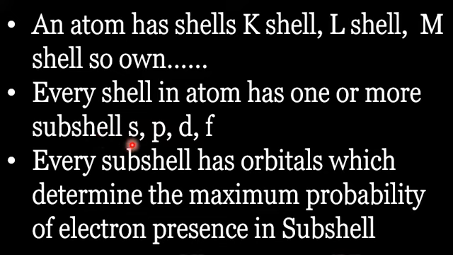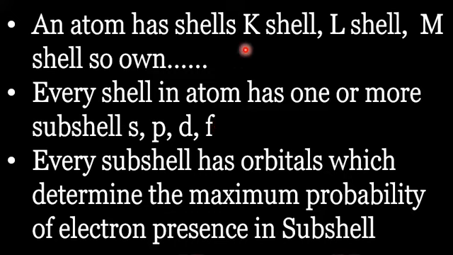The maximum number of electrons present in the s subshell of any atom is 2. The maximum number in a p subshell is 6. The maximum number in a d subshell is 10 in any shell of an atom, and similarly the maximum number of possible electrons in an f subshell is 14 in any atom.